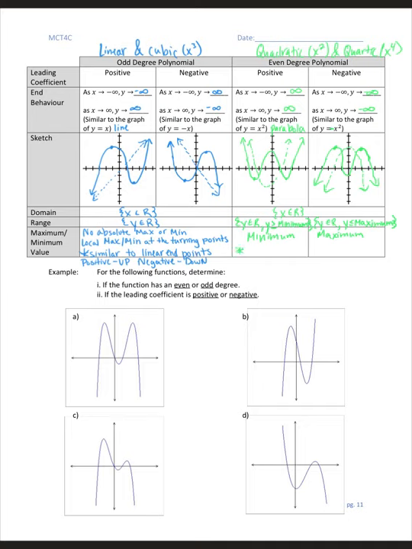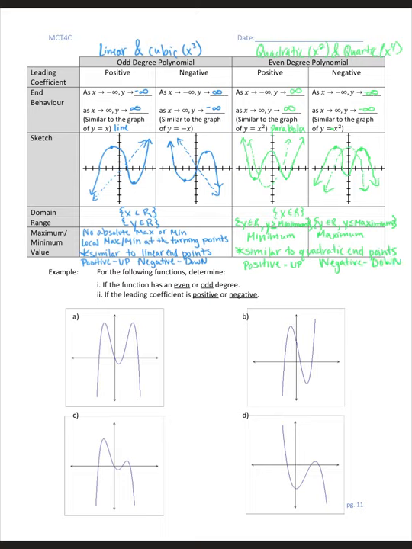Our even degree polynomials will be similar to quadratic endpoints. With quadratic endpoints, either both endpoints are pointed up or both endpoints are pointed down. And we know that if they're positive, it's going to point up, and if it's negative, the endpoints point down.